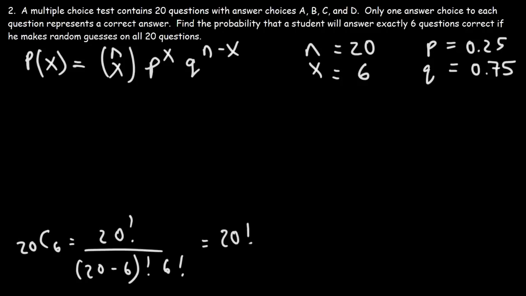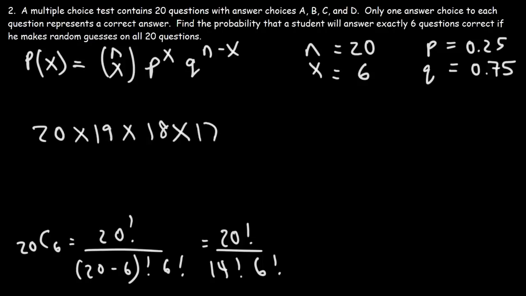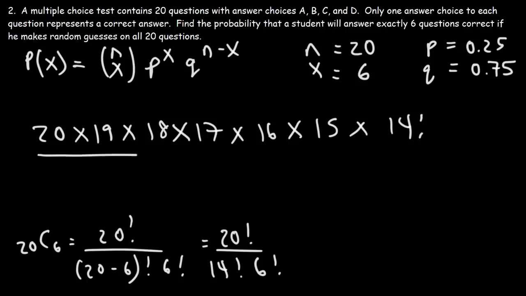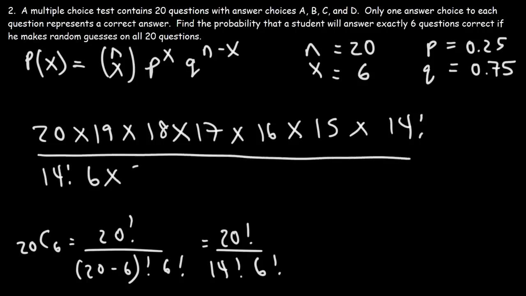So that's 20 factorial over 20 minus 6, which is 14, and then times 6 factorial. So 20 factorial is going to be 20 times 19 times 18, and we're going to keep going until we get to 14. But I'm going to leave it as 14 factorial. And then I'm going to expand 6 factorial.